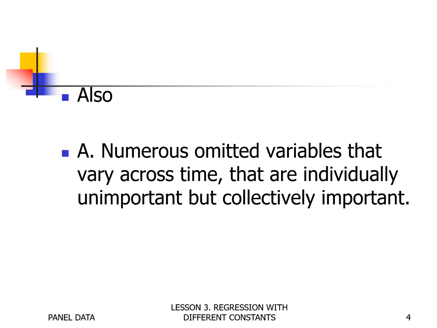Also, numerous omitted variables that vary across time can be captured by the different constants, and that is very important to be able to deal with the problem of omitted variables. Omitted variables, which is a very big problem, is going to be alleviated by the use of individual different constants.